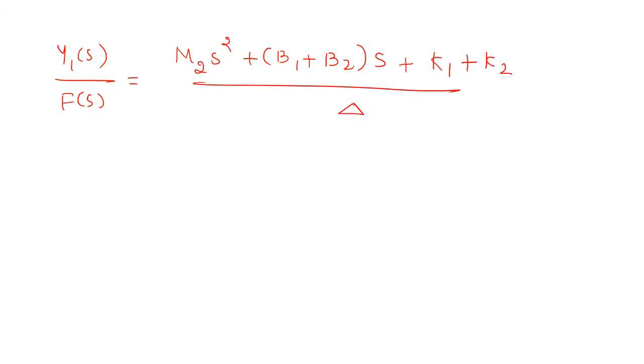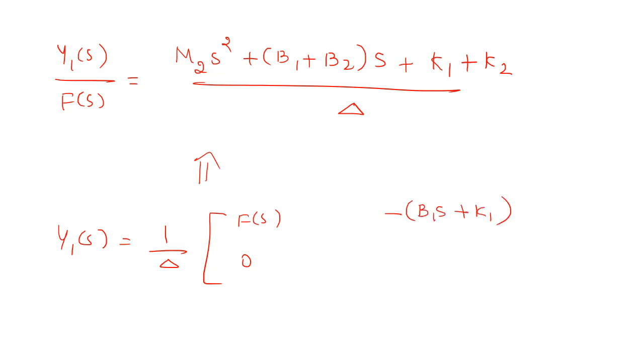From where did we get this? We have already written Y1 of s is equal to 1 by delta into the matrix F of s, 0, minus B1 s plus K1, and M2 s square plus B1 plus B2 into s plus K1 plus K2.